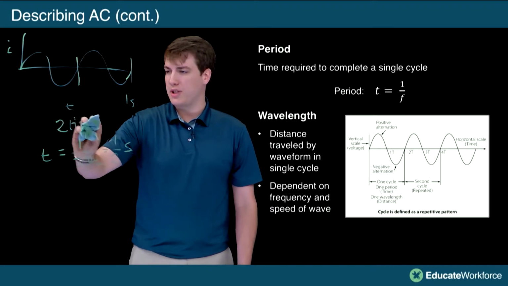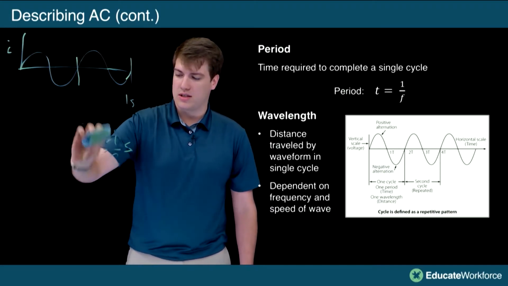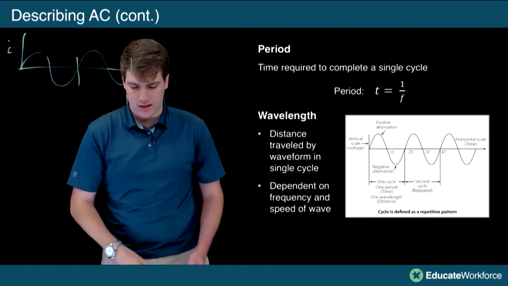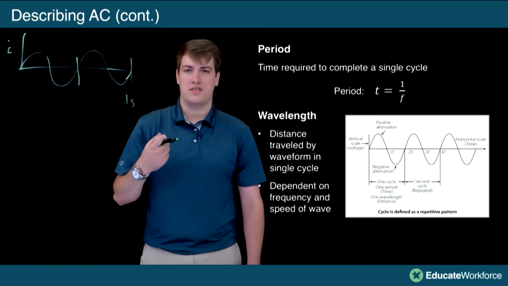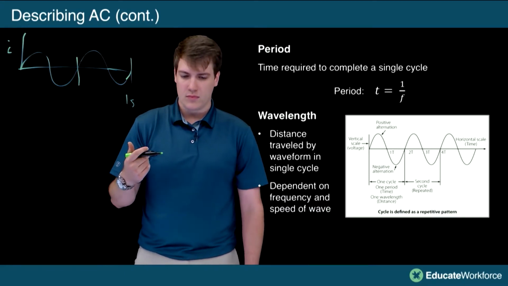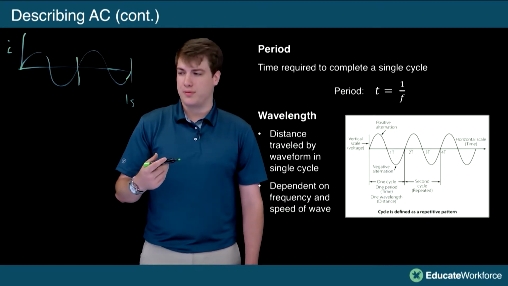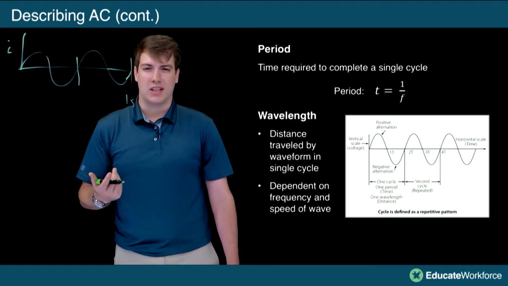So one other thing that we can talk about with frequency and period and all these other ways to describe our waveform is wavelength. So this one's not going to matter as much. Wavelength's kind of somewhat dependent on speed of travel and our frequency. So you can think about light.